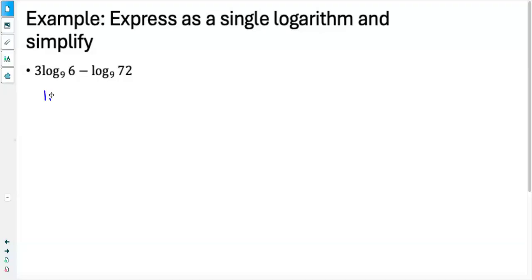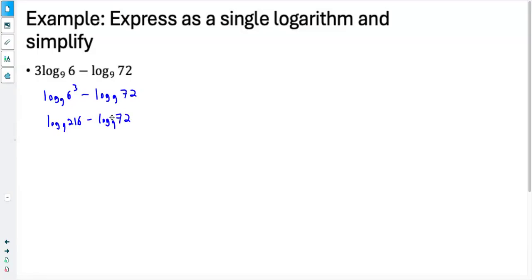So this would become log base 9 of 6 cubed minus log base 9 of 72. I'll then evaluate 6 cubed. So that gives us log base 9 of 216, minus log base 9 of 72.